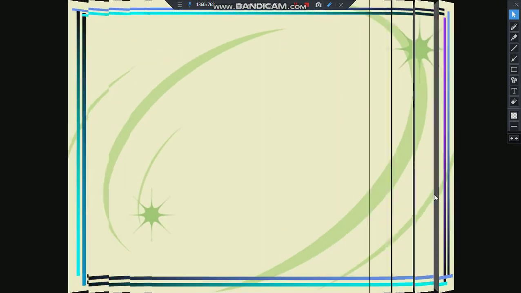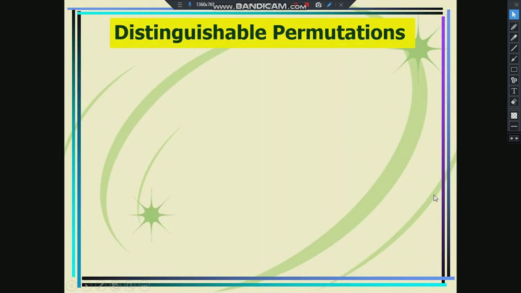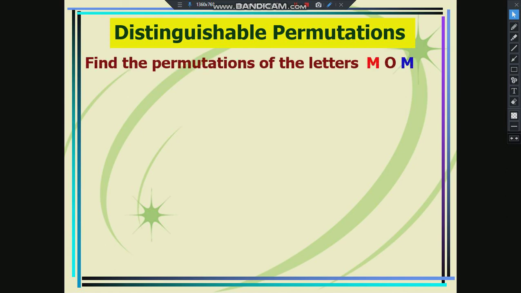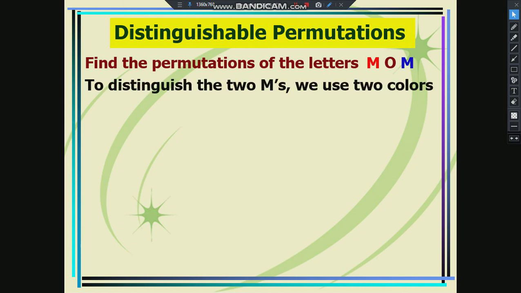So let us go to another type of permutation, which is about distinguishable permutations. Find the permutations of the letters MOM, or M, O, M. To distinguish the two M's, we use two colors. We have the red and the blue.